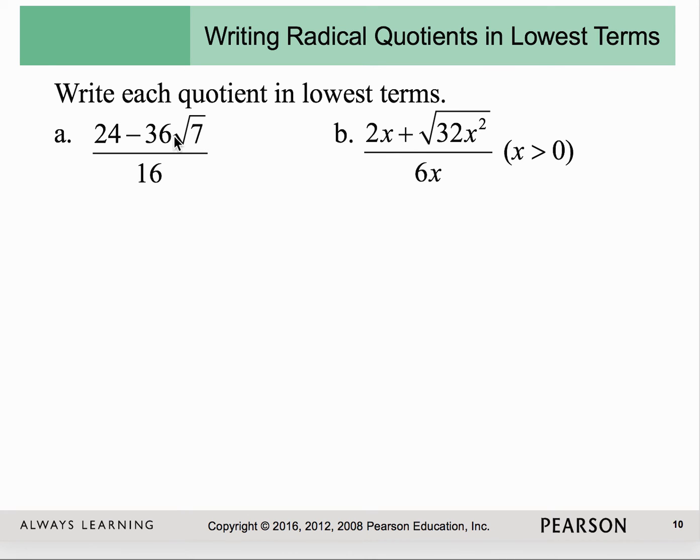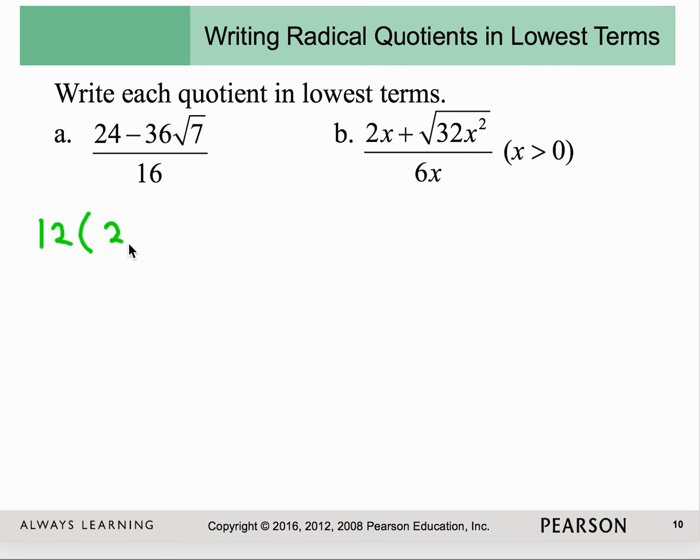But I can factor out a what here? A 4, right? I don't see anything bigger. Factor a 4 out. From the 24, it leaves 6 minus 9. I could have factored a 12 out. So let's go back and do that. Okay. Factor a 12 out.